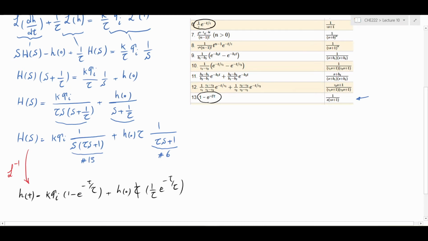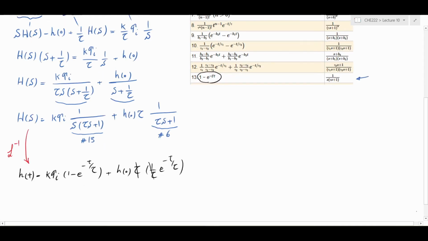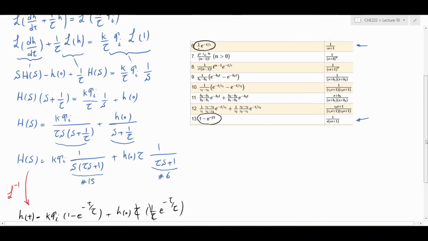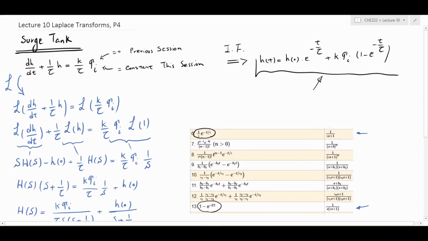These two terms cancel out each other, so the solution of the ODE takes the form of this, which is exactly the same as the solution that we obtained using the integrating factor.